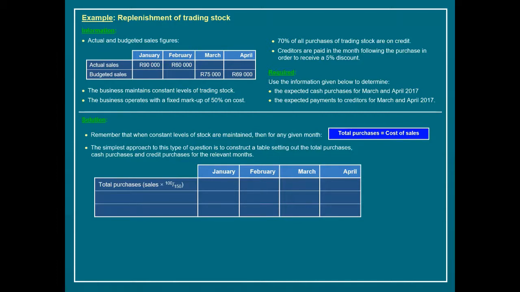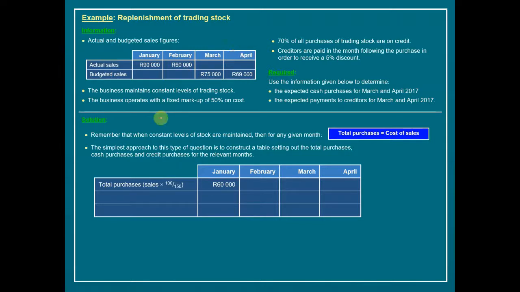If we take January's 90,000, the actual sales, we divide the 90,000 by 150, multiply by 100, and we get the cost of sales, which is equal to our total purchases of 60,000.